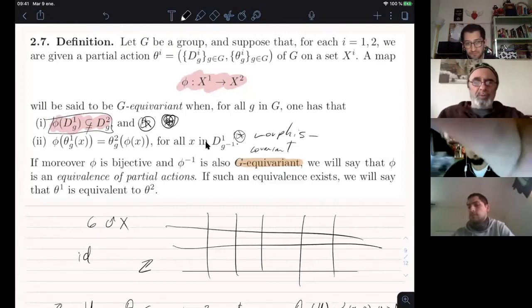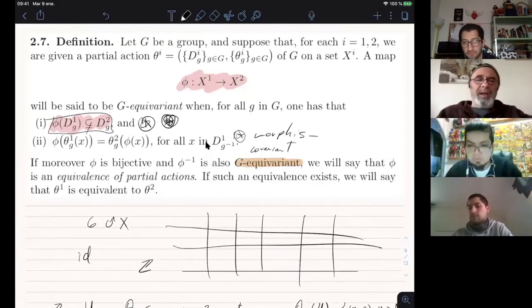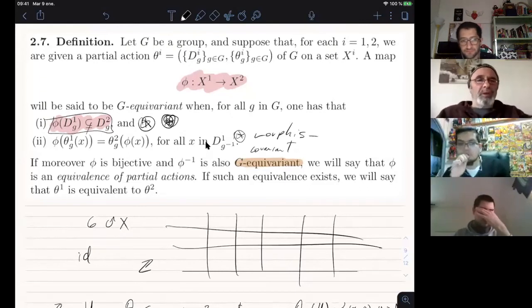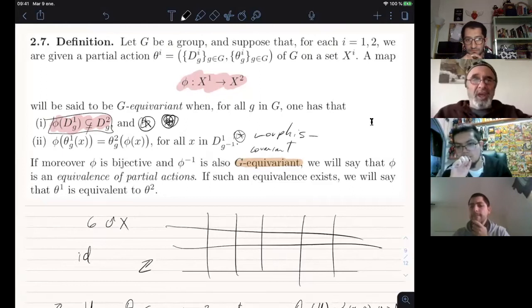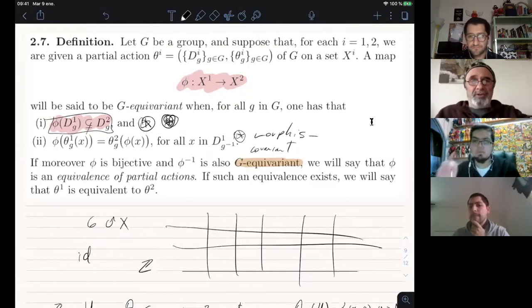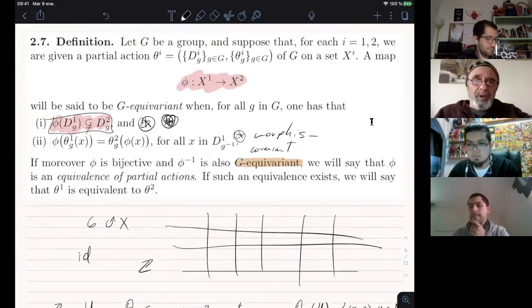This is typical in many categories. If you have a bijective linear map, you know that the inverse is also a linear map. This also happens in the category of groups, and in many other situations. But the inverse of an analytic function is no longer an analytic function. So there are categories which are full with respect to inversion and other categories which are not.